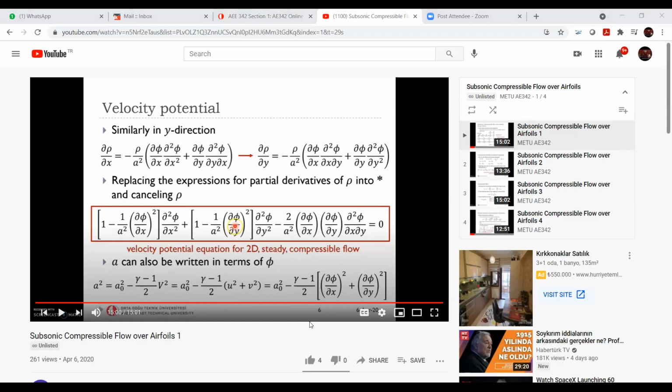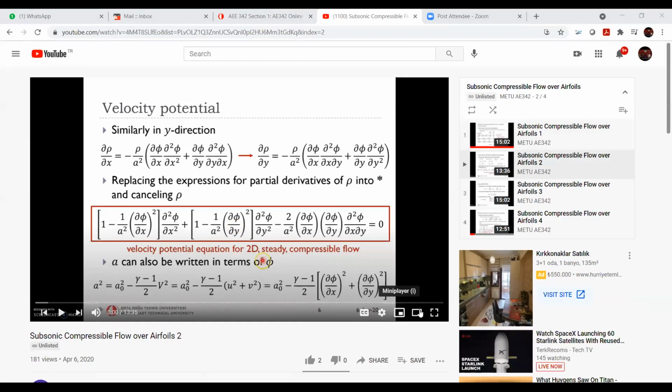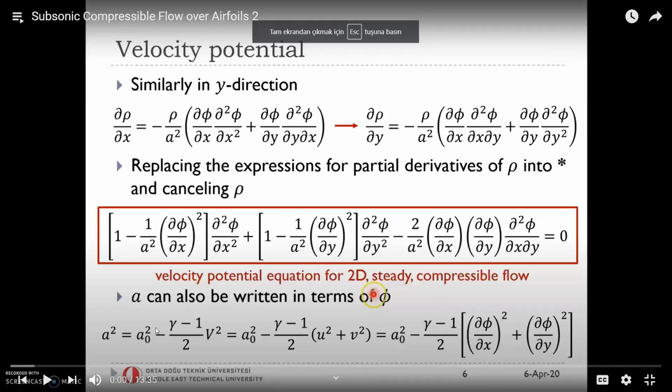So let me share this one. And let me go to full screen. So can you guys all see the full screen? Yes, hocam. We can see it, hocam. All good. So let's start it.